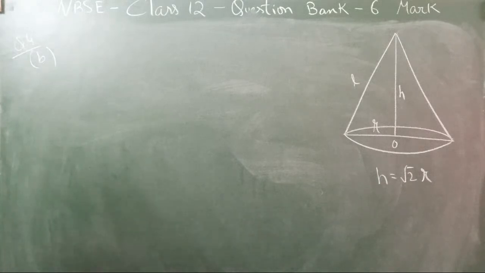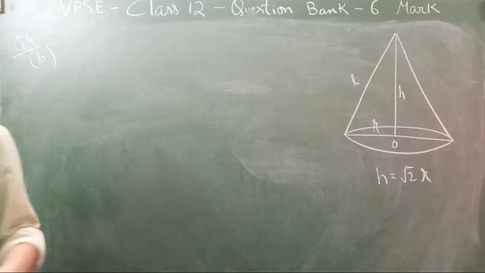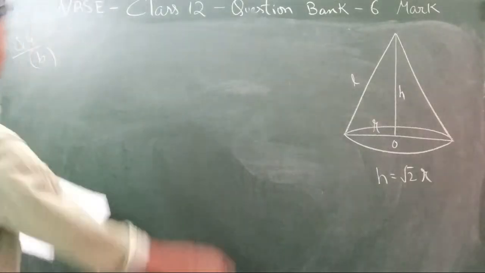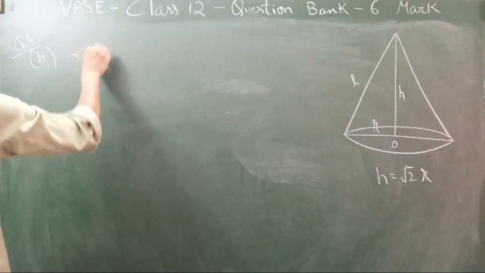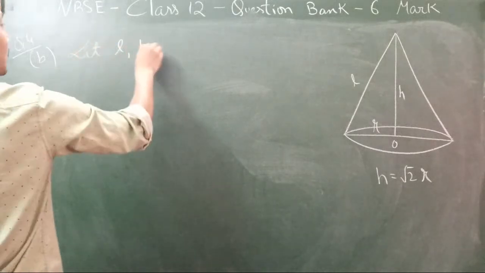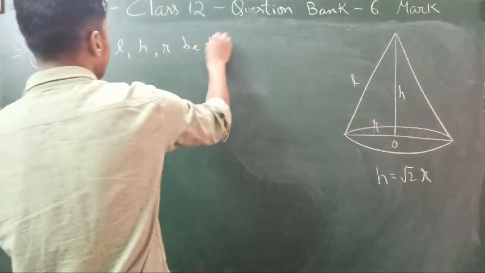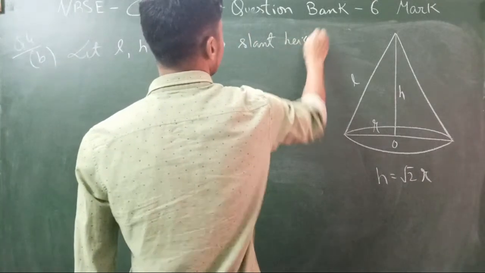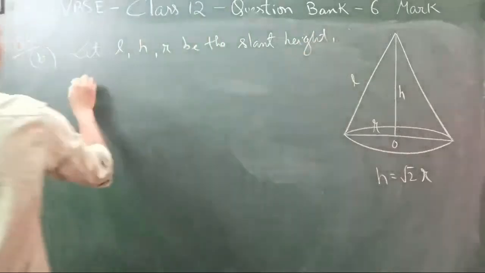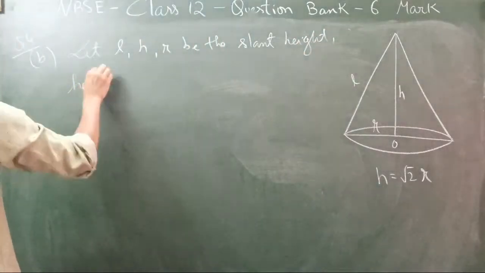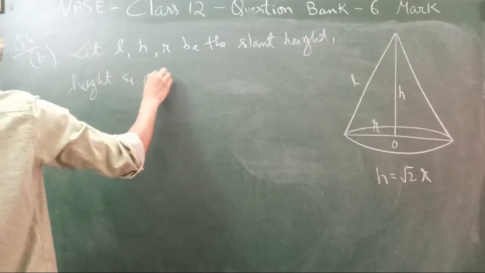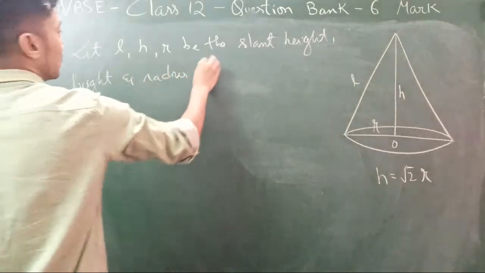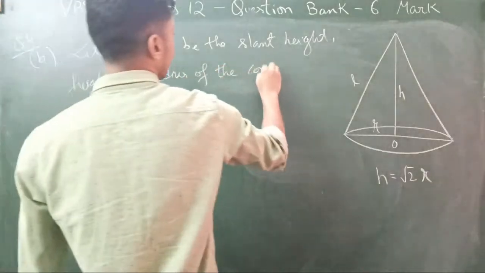So volume is constant here, so that means we are expected to use this particular equation of volume. Anyway, let, as usual, L, H, R be the slant height, height or altitude, and radius of the cone.